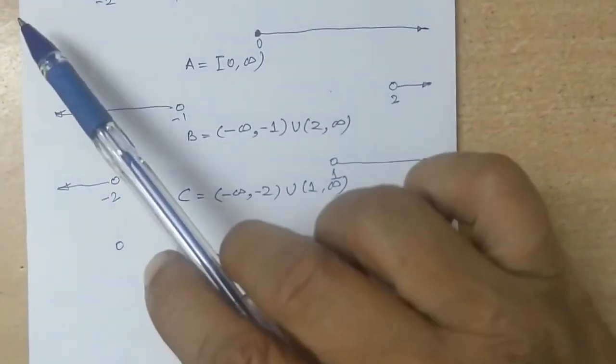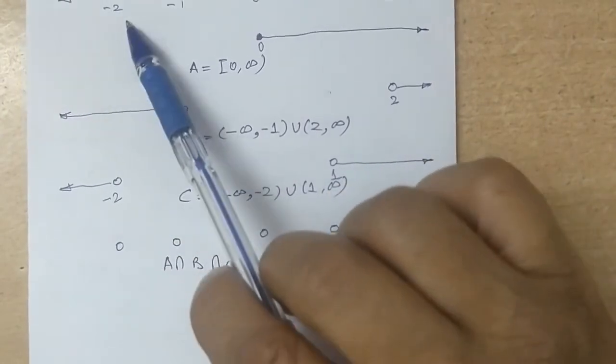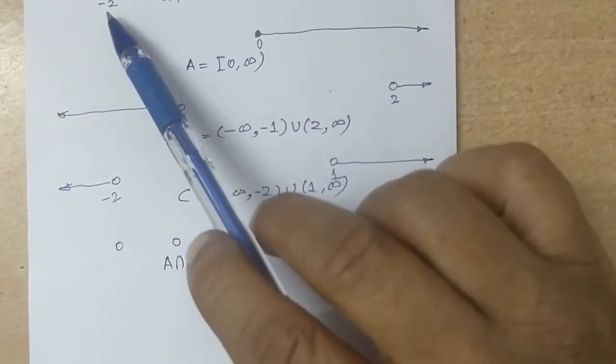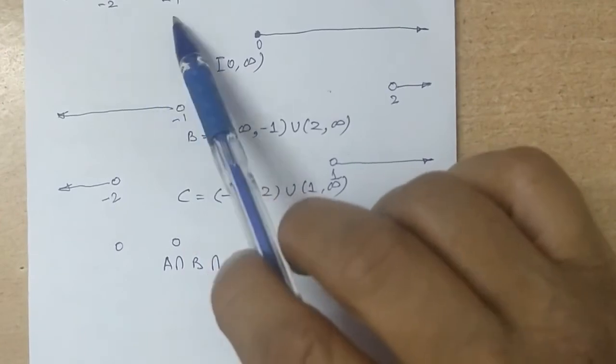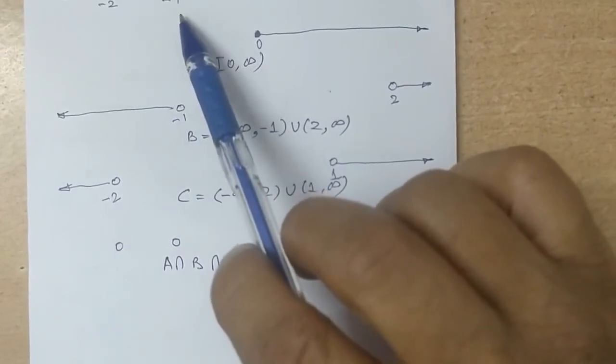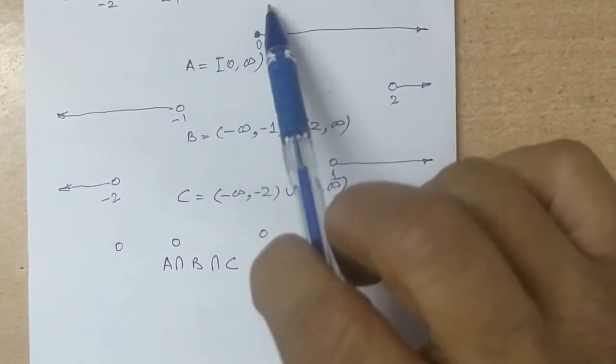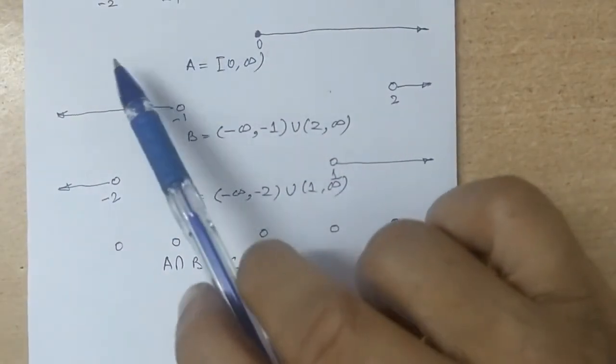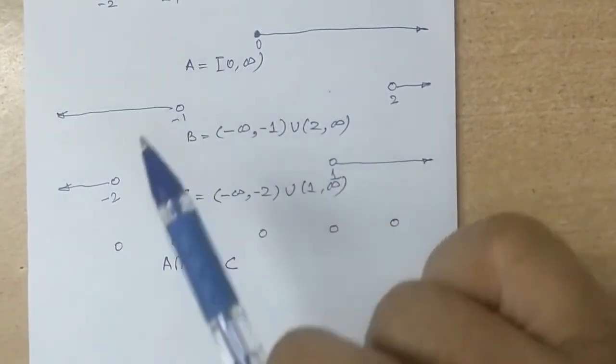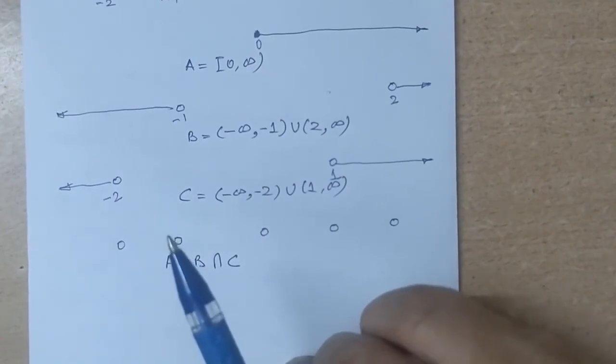The interval between minus infinity and minus 2, the interval minus 2 to minus 1 and the interval minus 1 to 0 are not elements of A, hence they are not elements of the intersection also.